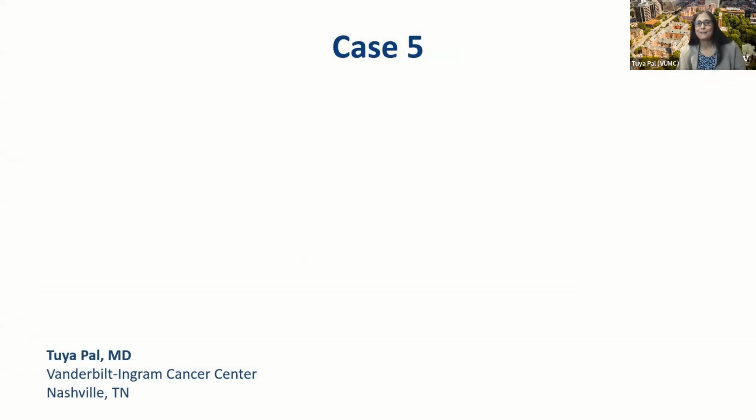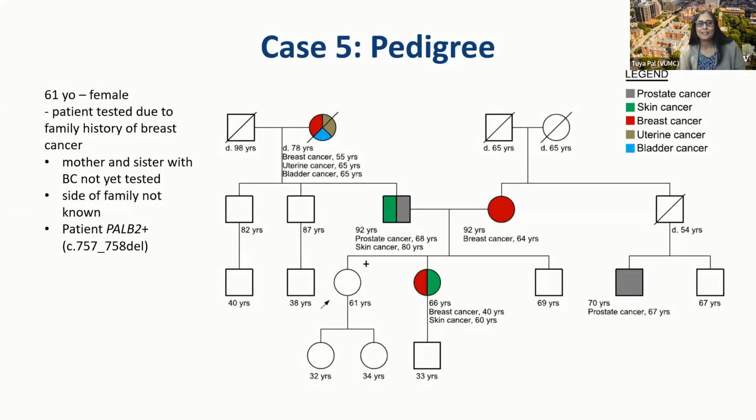Okay, I'm going to rush through our last case, which is a case that I saw. A 61-year-old female patient was tested because of a family history of breast cancer. Mother and sister with breast cancer are not yet tested, so we don't know which side of the family it's coming from. The unaffected patient has a PALB2 mutation.